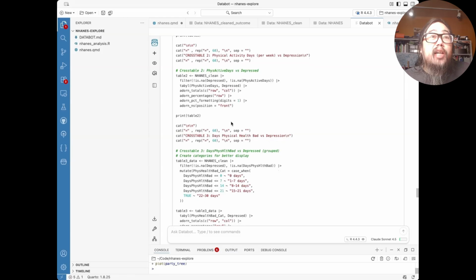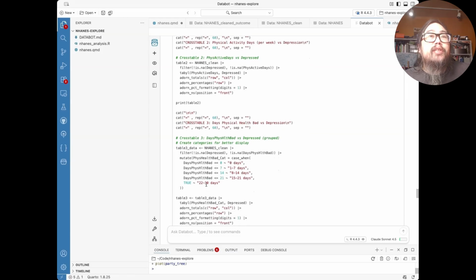This is something it did, and it was actually missing one thing. It is trying to recode these variables, basically coming up with a categorical variable for days with physical health bad over a month. What it did was take the numeric variable and recode it using a case when statement, which is what I would usually do.